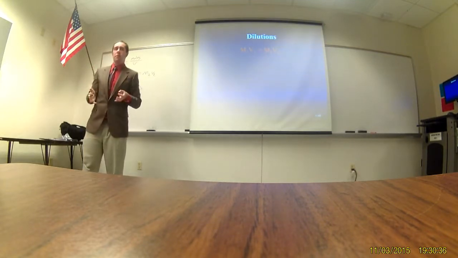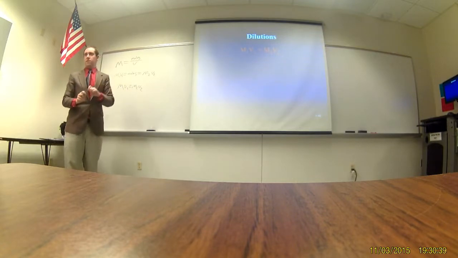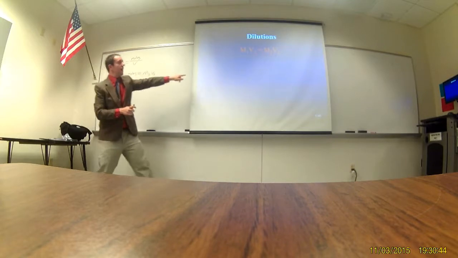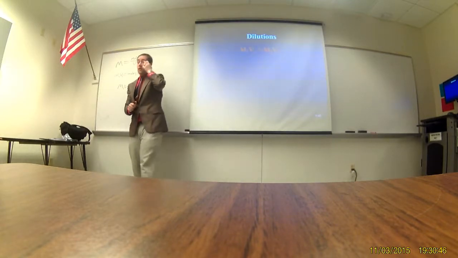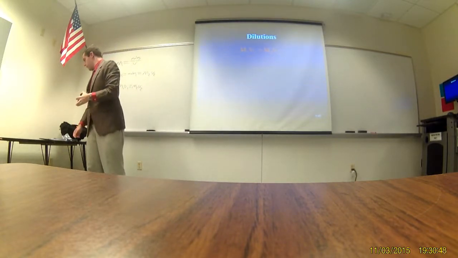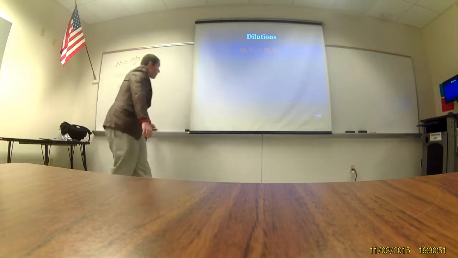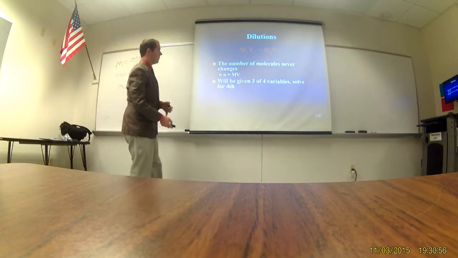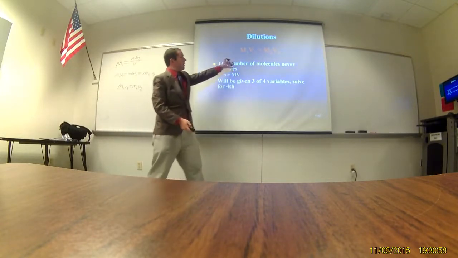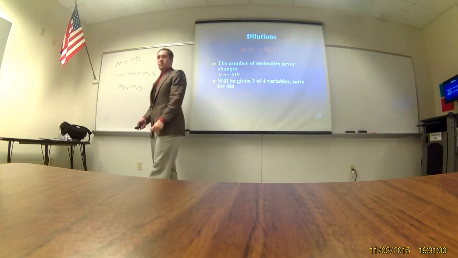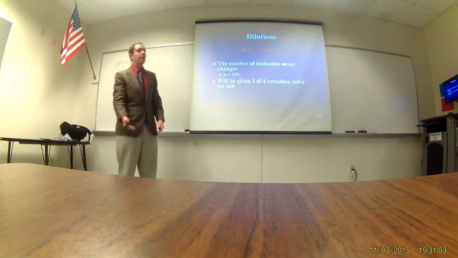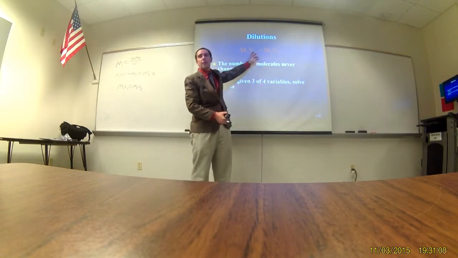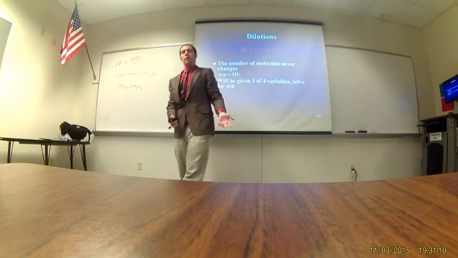If you're a math person and you can see this, great. If you're not, the equation's not that hard. M1V1 equals M2V2. In these situations, any sort of problem you're doing on a homework or a quiz or a final exam, just like any of these equation problems, you're going to be given 3 of these 4, and you just have to solve for the 4th.